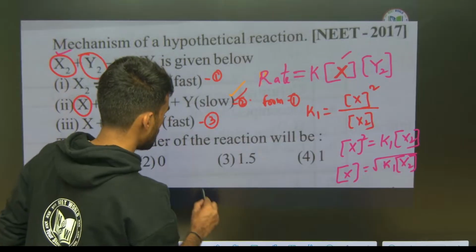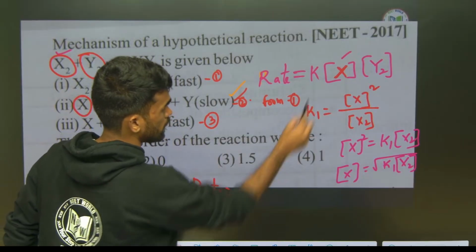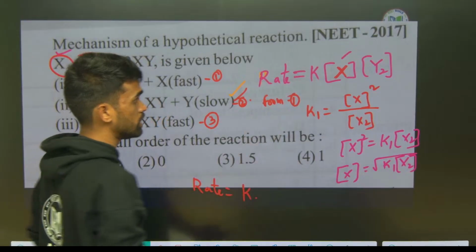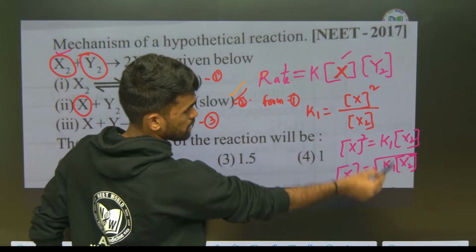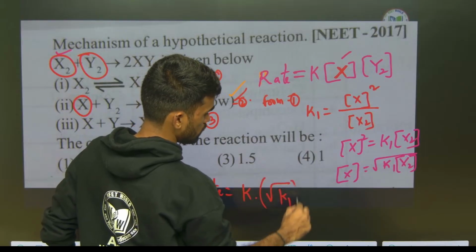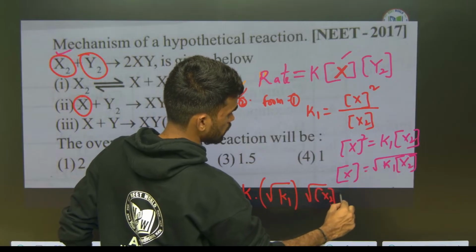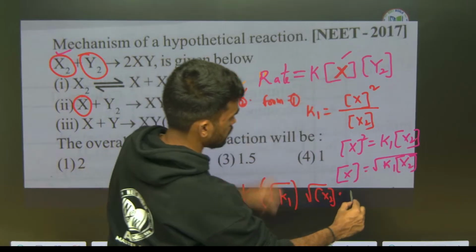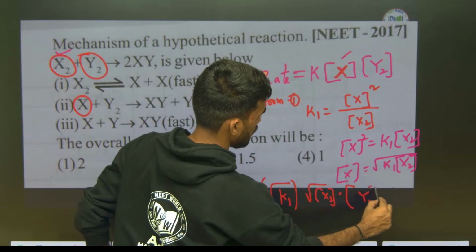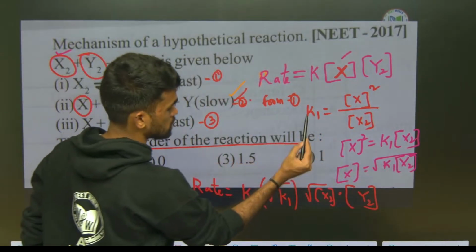So that we will get rate is equal to K, the actual rate constant here, and in the place of X I can write root over K1 into root over concentration of X2, and here we have concentration of Y2. Like this we should write, okay. What they are asking, overall order of the reaction, will be very easy.